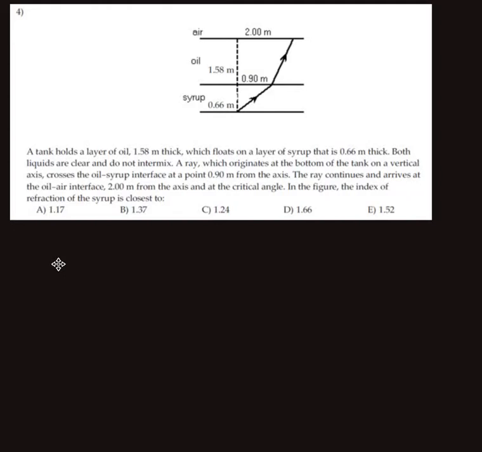A ray which originated at the bottom of the tank on the vertical axis crosses the oil-syrup interface with a 90 degree angle, like it says here. You see the tank? This is the oil. This is the syrup. Here comes the ray, and it crosses 0.90 from the vertical here.